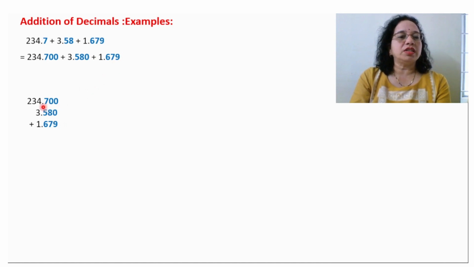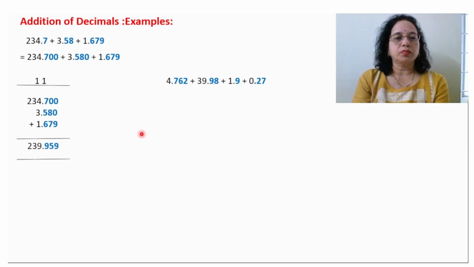Make sure your decimal comes below decimal. Since addition is there, you can add the numbers, leave one line for carrying the numbers, and then write down the answer here. So the answer is 239.959.